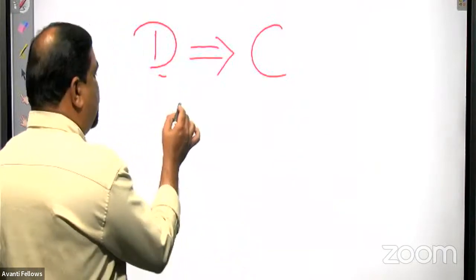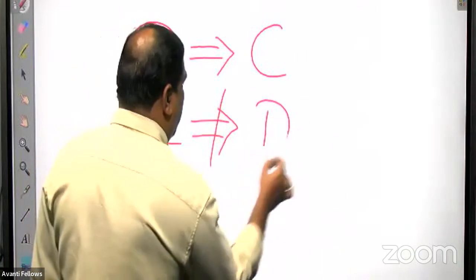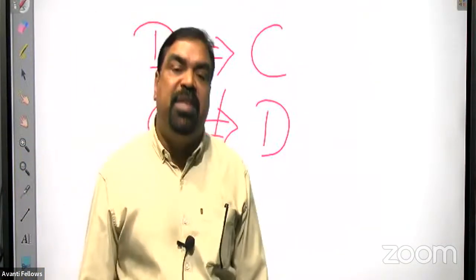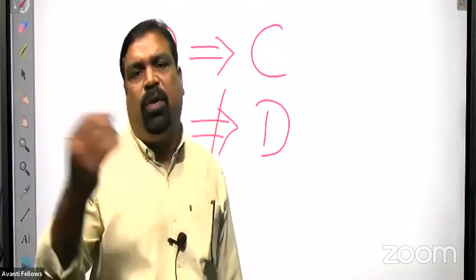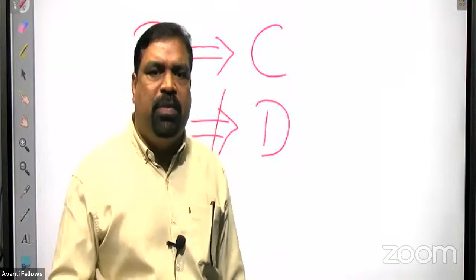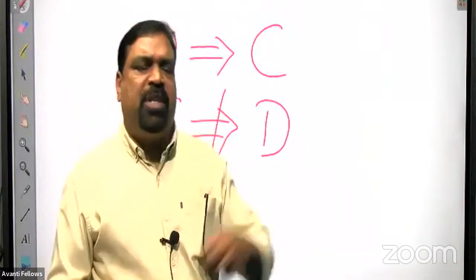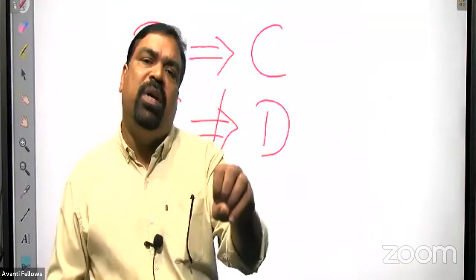But C does not imply D. Continuity does not imply differentiability. The example is mod x. Mod x is continuous but not differentiable. So that's a very important theorem. All differentiable functions are continuous, but the converse is not true. Example is mod x.